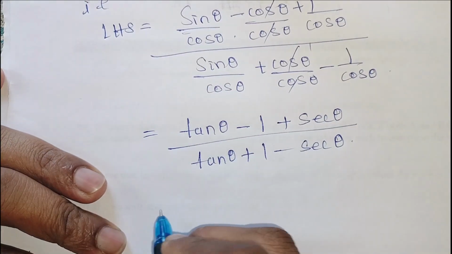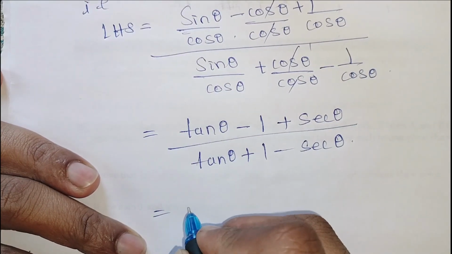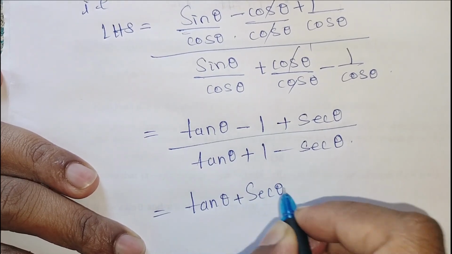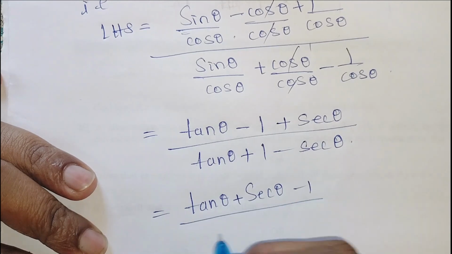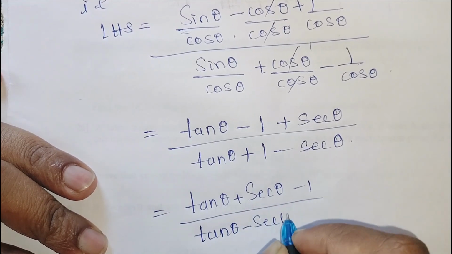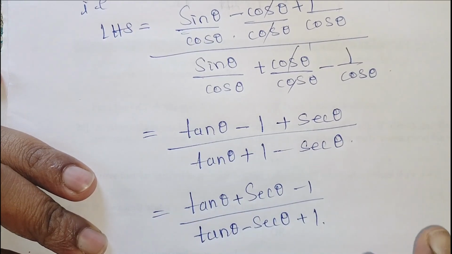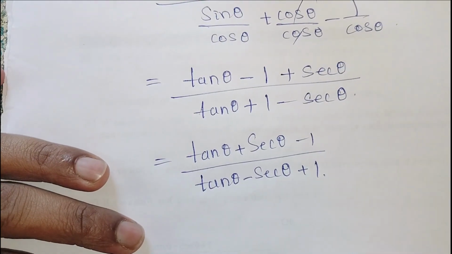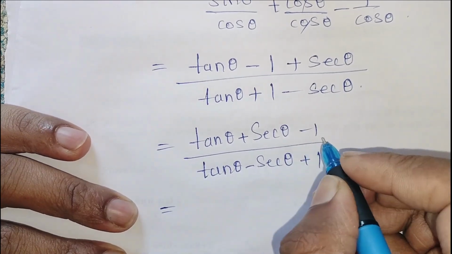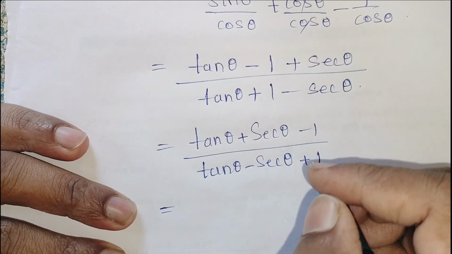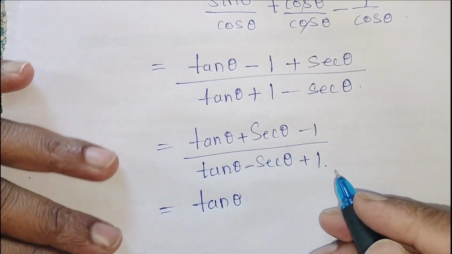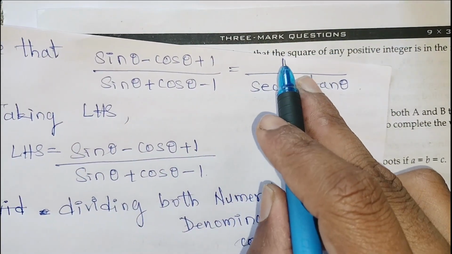For that, what we can do is write tan theta plus sec theta minus 1 over tan theta minus sec theta plus 1, which can be reorganized. After that, the 1 can be replaced in the numerator, not in the denominator, because we have to make the numerator 1.